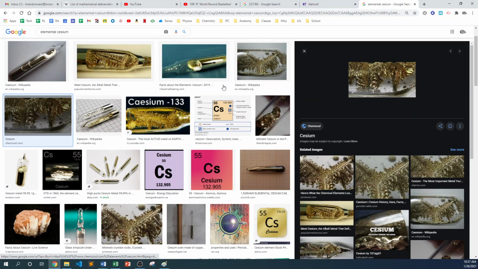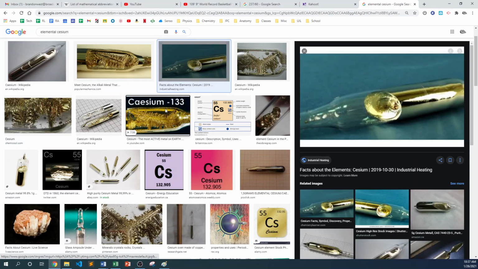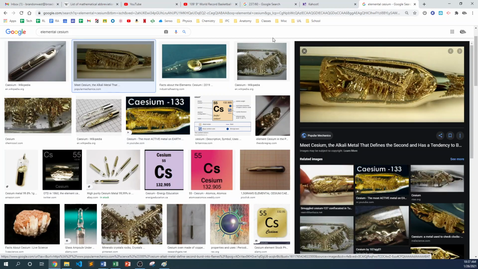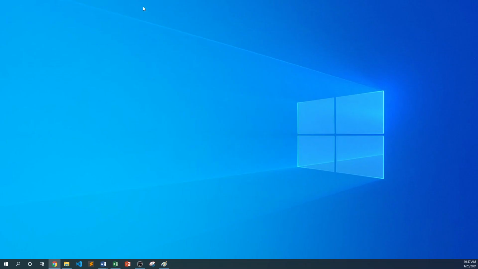Cesium is where we start to get different. You'll notice it changes color. It's now yellow, but for the most part, same as the others. Let's look at what happens. See if I can find a video of it.